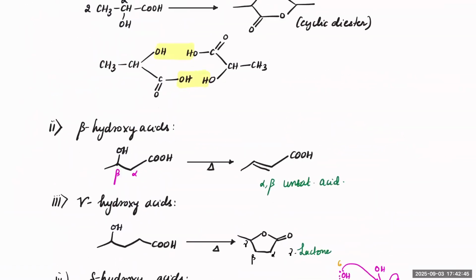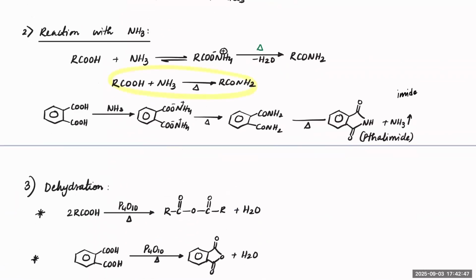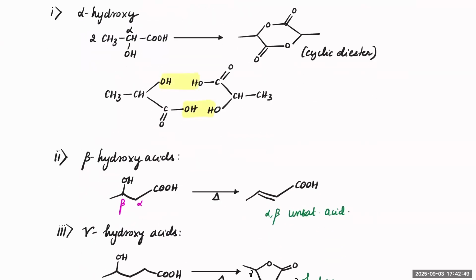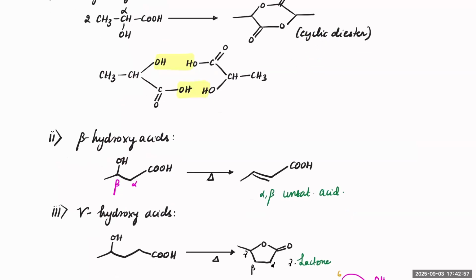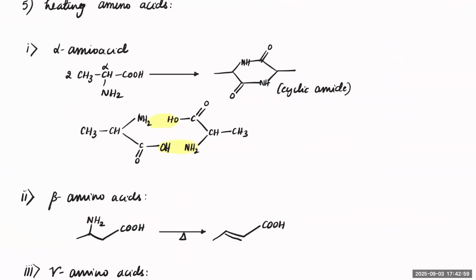Here, when you had 2 moles at alpha position, we dehydrated it, correct? And you make a cyclic diester. Similarly, here you do the same thing by removing water here and here, here and here. So dehydrate that. What do we get? We'll get cyclic amides. Okay, clear, beta?